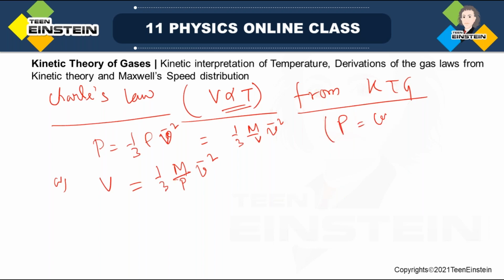P is constant in Charles law. If pressure is constant, then this term, if you look, will be a constant term.